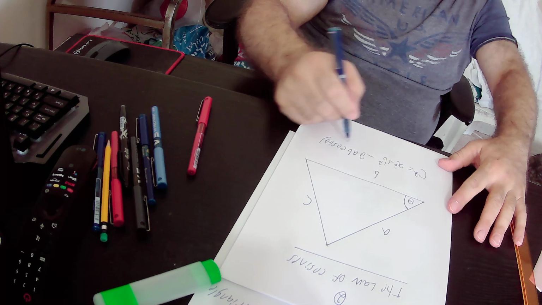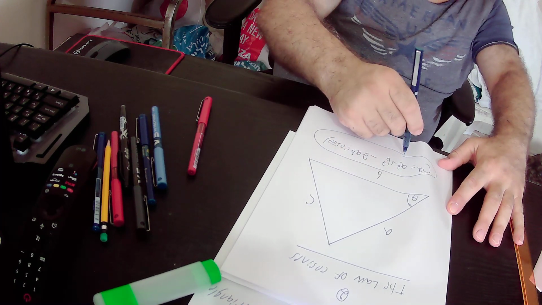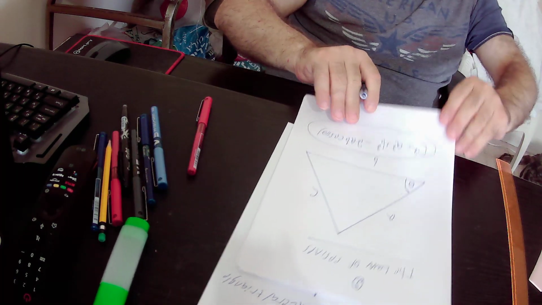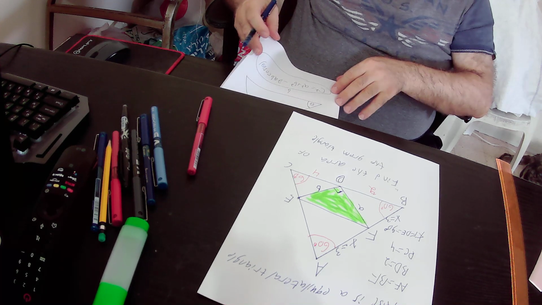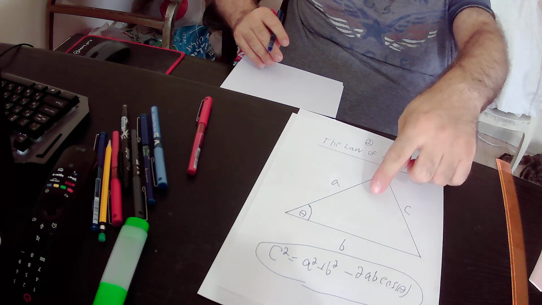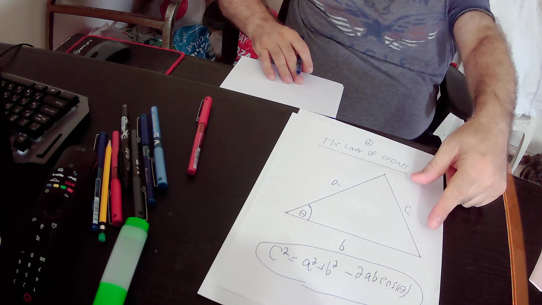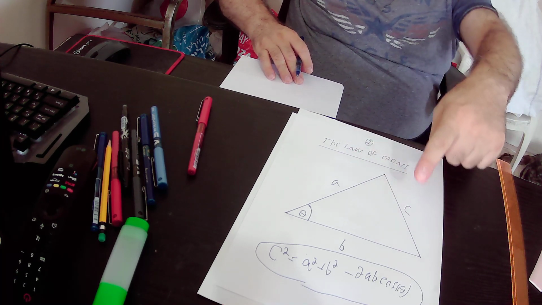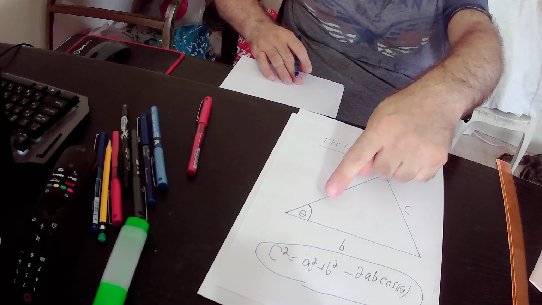Okay, so according to the law of cosines, in this triangle, C squared equals A squared plus B squared minus 2 times A times B times cosinus theta.